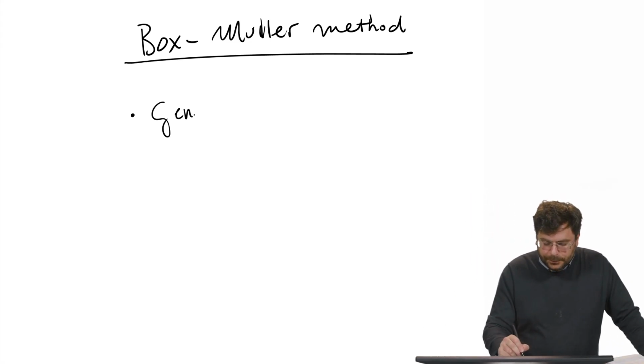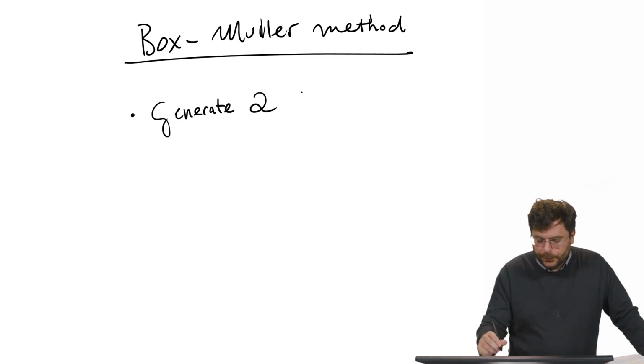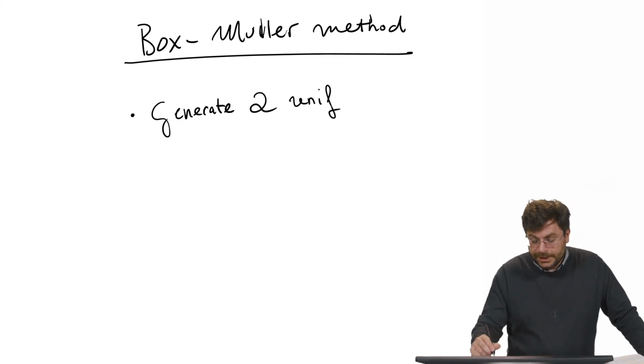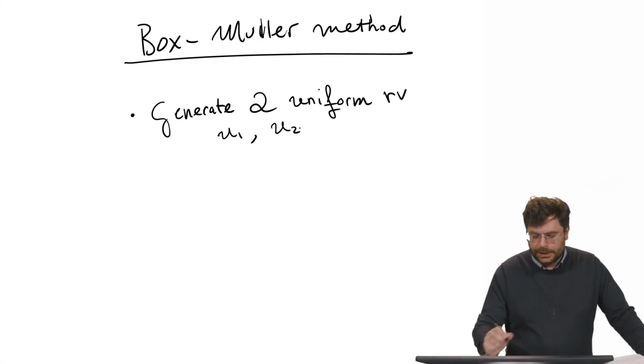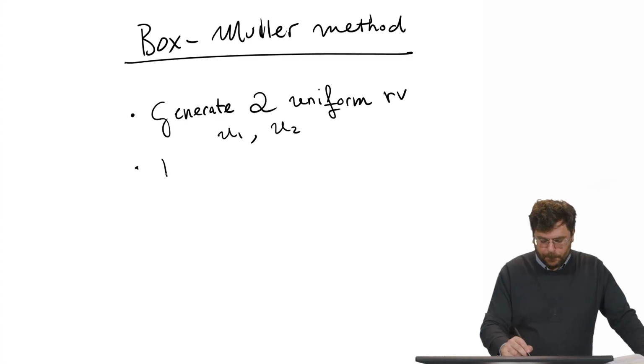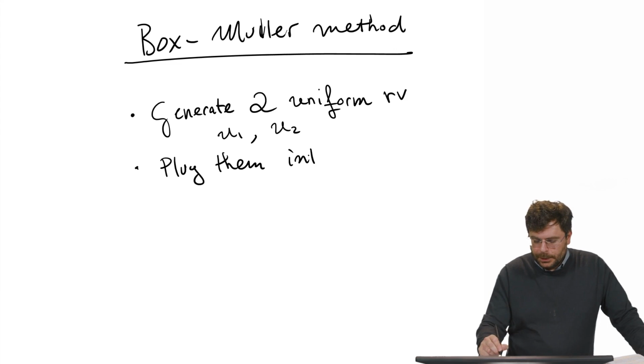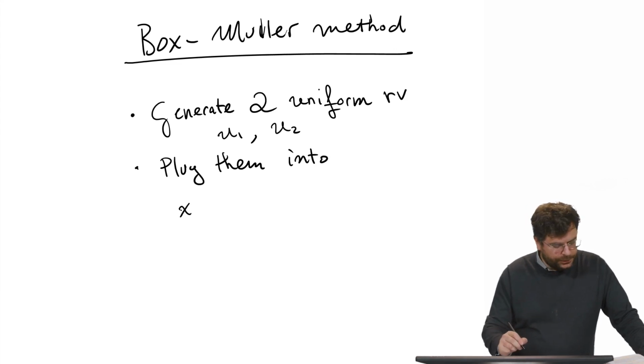So generate two independent, uniform random variables and call them u1 and u2. Plug them into this formula.